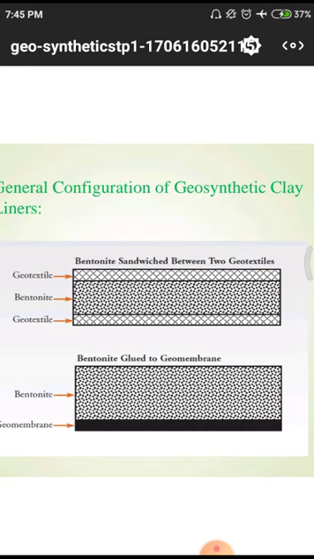In between those two layers of geotextiles we are having this bentonite clay, so that is simply a sandwich-like structure. After that we are having another kind of membrane, simply a bentonite clay. After that we are having simply a geomembrane, bentonite glued to geomembrane.